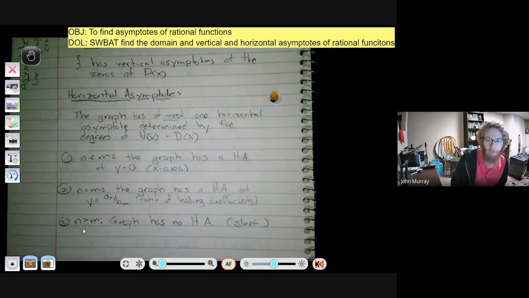And then your final situation is something special that we won't get to probably till the end of our rational functions lessons, when the numerator degree is greater than the denominator degree. Then the graph doesn't have a horizontal asymptote. It has what we call a slant asymptote. So just know that for now, and we'll take a look at that probably sometime next week.